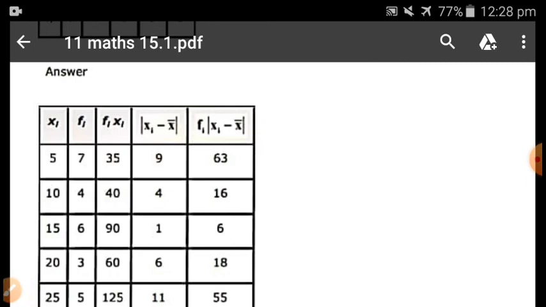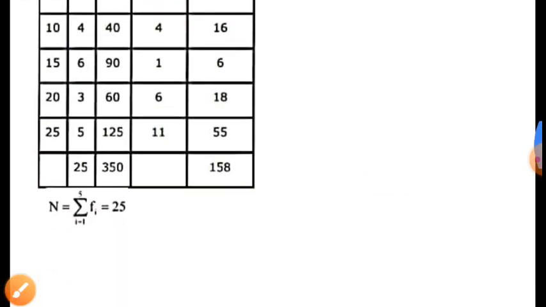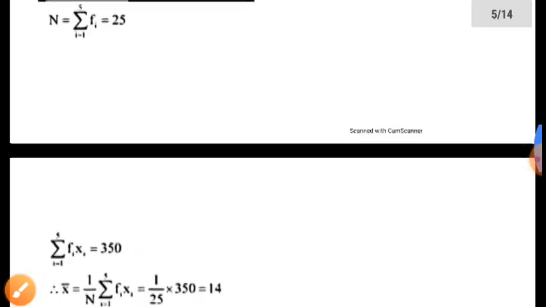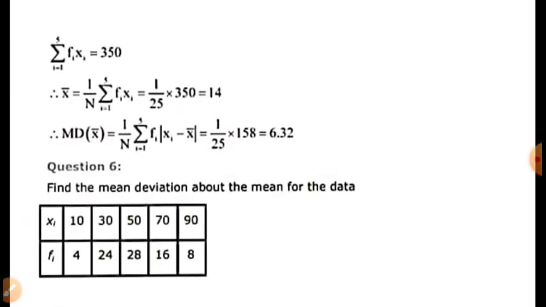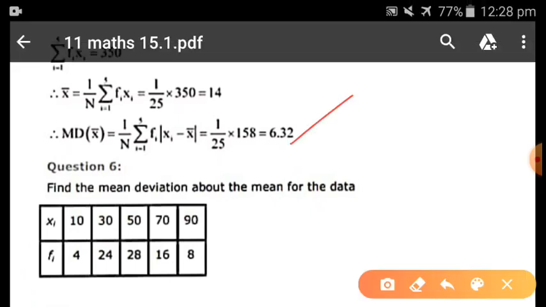How did you get the 9 here? 5 minus 14, the modulus is 9, and this 9 should be multiplied by 7, and you get 63. The same process should be followed for all the values. After finding all the values, you get the mean deviation about the mean as 6.32.